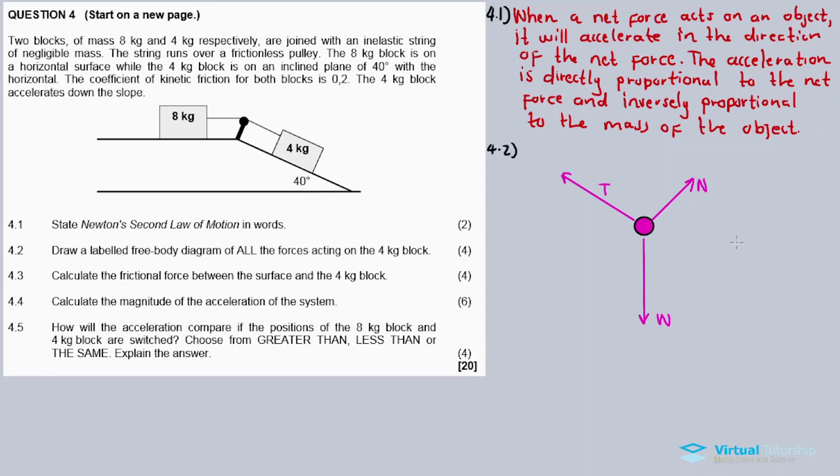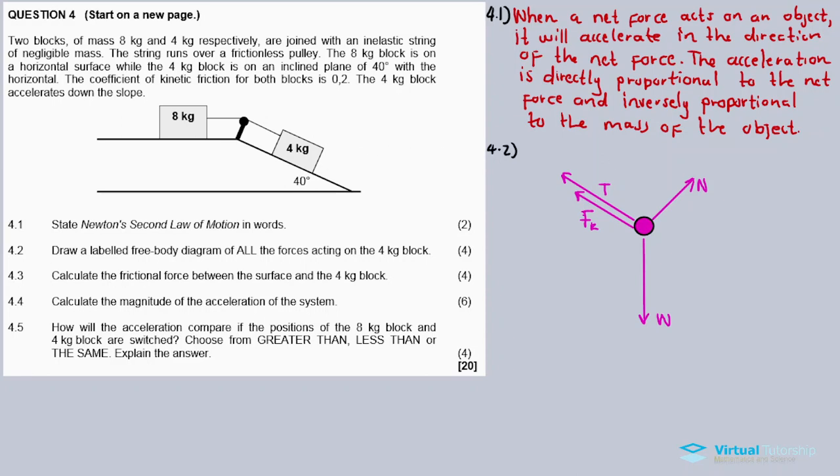So 1, 2, 3, and then we have the frictional force as the fourth force, right? This is the kinetic friction, and it's opposing the direction of motion. Since the 4 kg block accelerates down the slope, the friction is going to point in the opposite direction, which is up the slope.